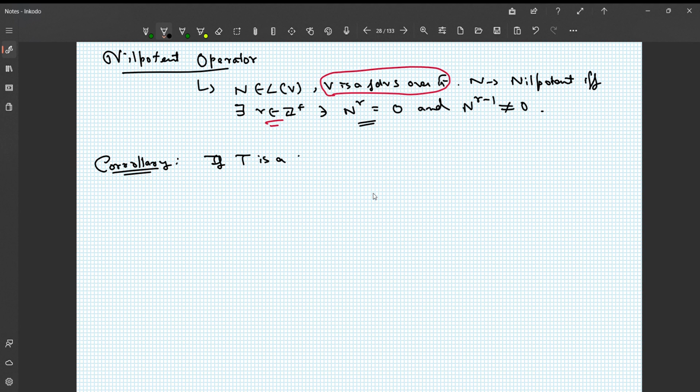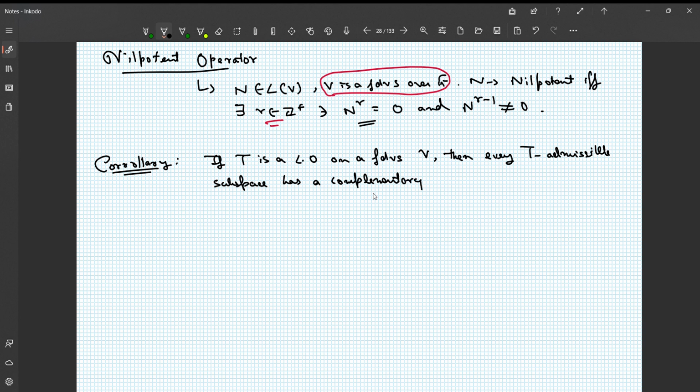The corollary goes as follows. If T is a linear operator on a finite dimensional vector space V, then every T admissible subspace has a complementary subspace which is T invariant.